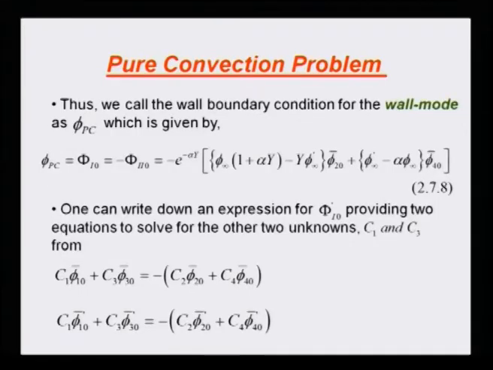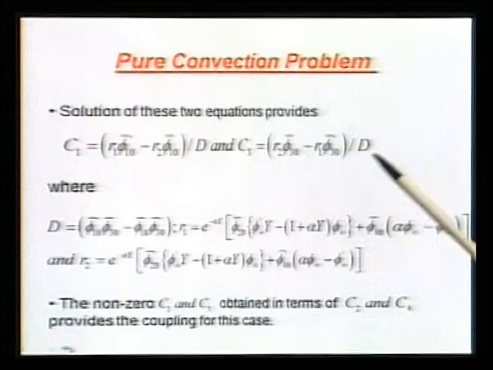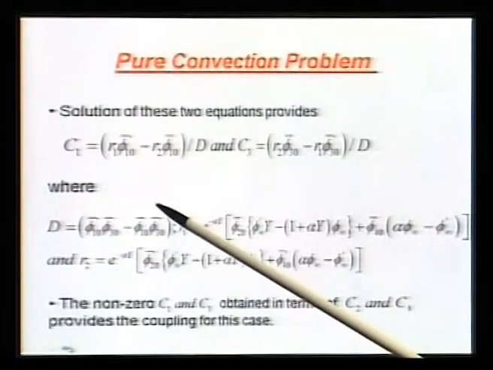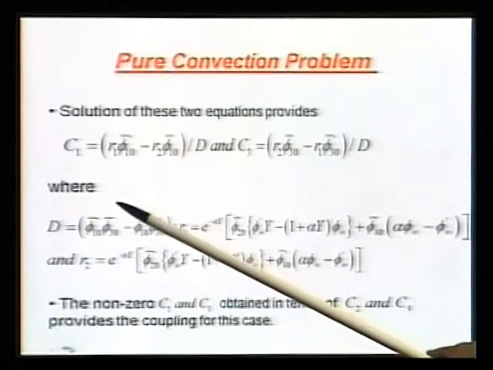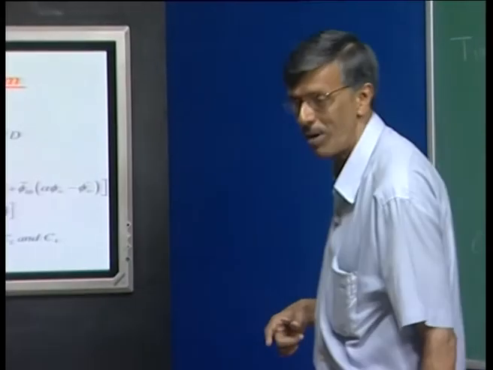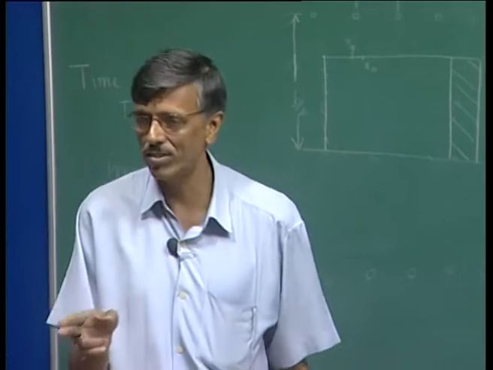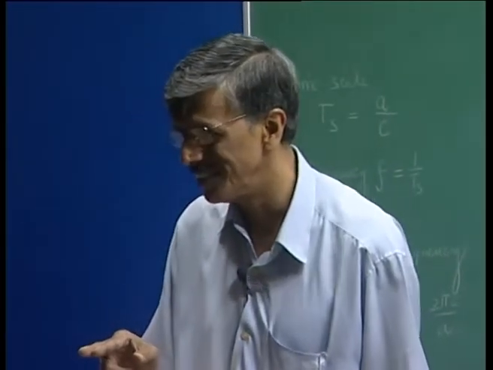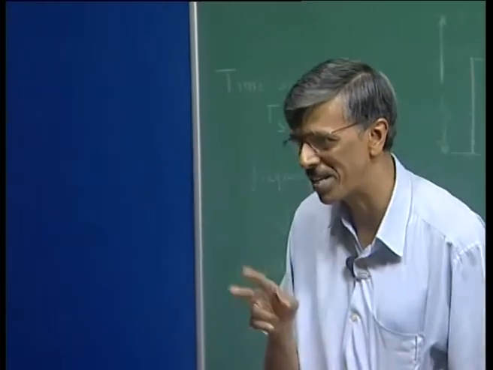Once you do that, you get a bit of algebra to be done, and you get those C1 and C3 in terms of this, and the denominator is given in terms of this. And what is this? This is once again your Y1, that compound matrix variable evaluated at the wall, right? But what we need to understand is that in this case, phi 1 and phi 3 are the coalescing mode. So this is slightly special.